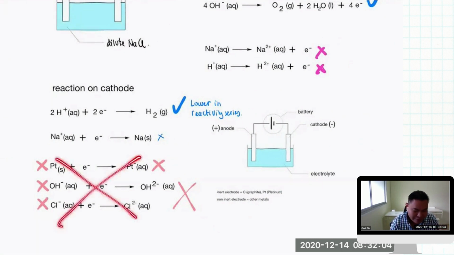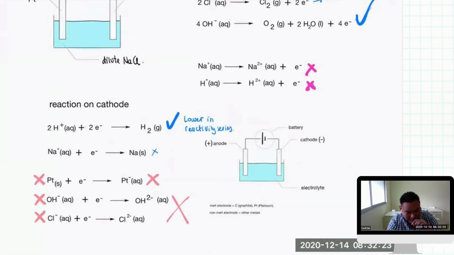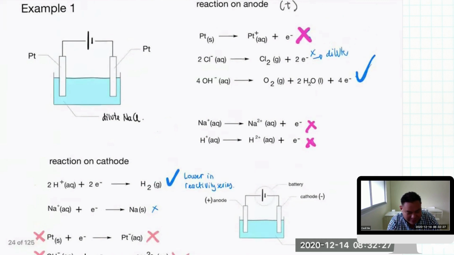We just cross them out, these 3: platinum, OH minus, and Cl minus. We don't need to consider them. We have 2, H plus and Na plus. We choose H plus because it's lower in reactivity series, and it produces a more stable product. Yeah. That is example 1.